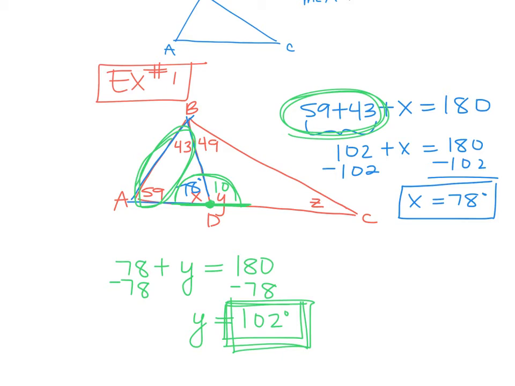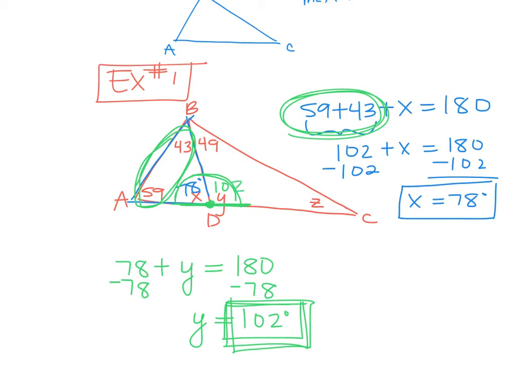Well, if you did it the first way, you would add 59, 43, and 49 and subtract that from 180. Right, so your 2 options: if you take the big triangle, those 2 make up angle B, and then angle Z, those 3 angles have to add up to 180. So you could have done it that way. I would say that's not the easiest way because you're adding an extra number in there.